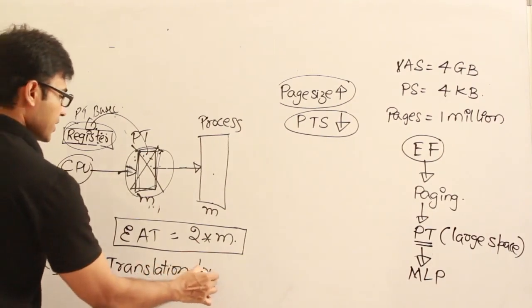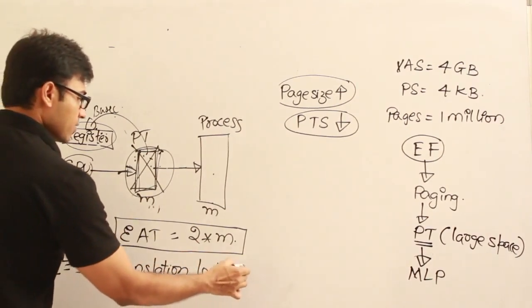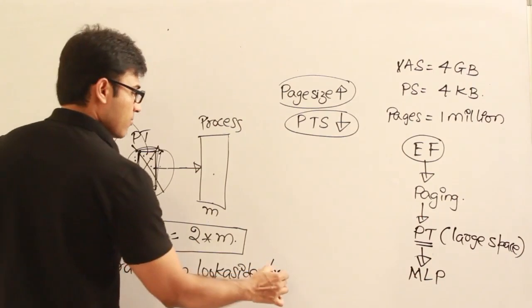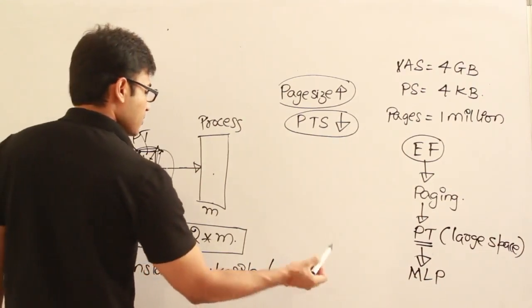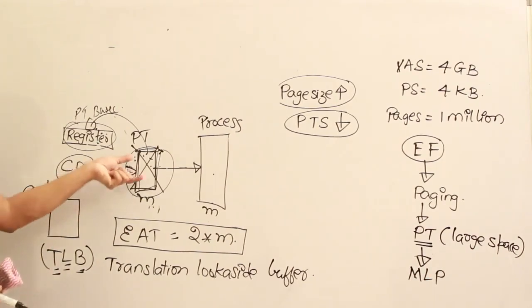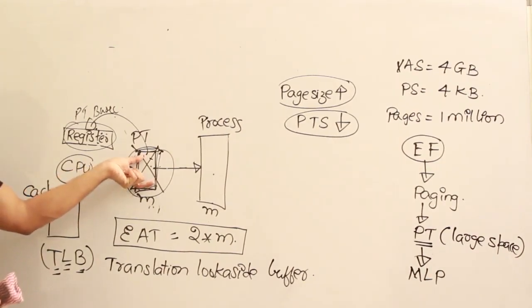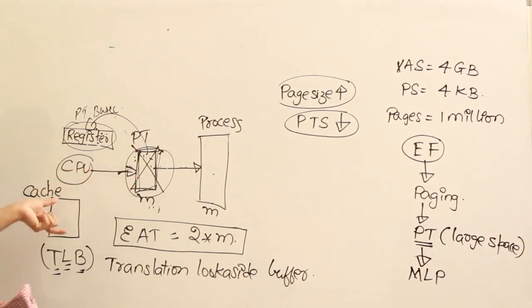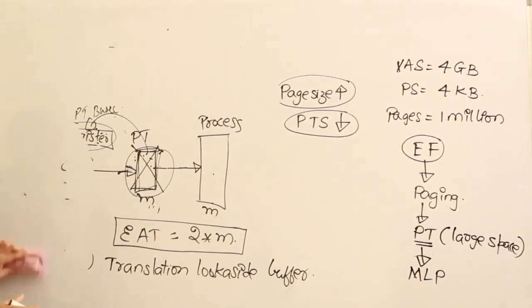Translation lookaside buffer. The advantage of the TLB is that whenever we try to access any page table entry, we first see if that page table entry is present. Okay, let me introduce it in a detailed manner.